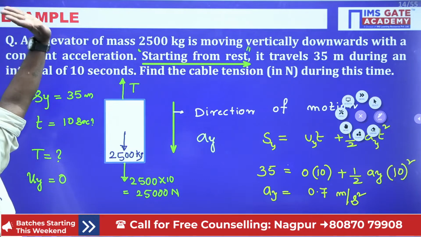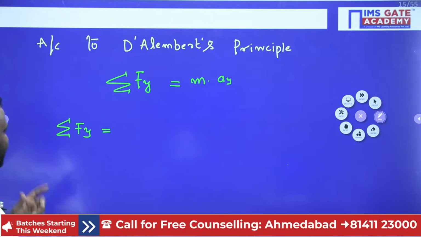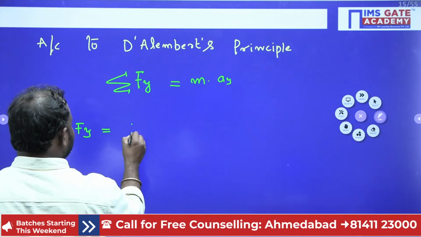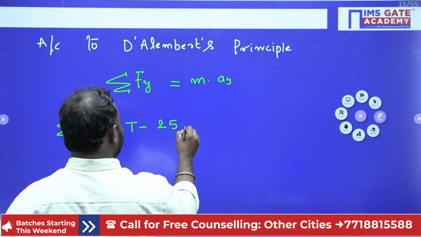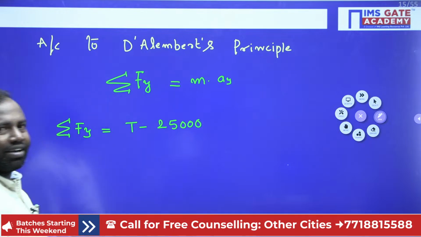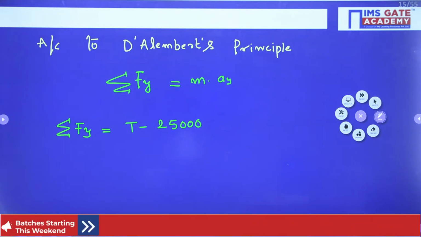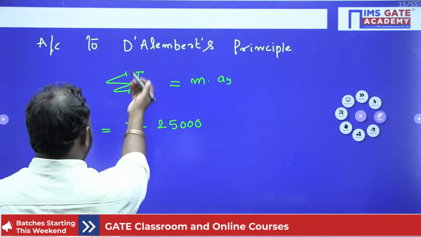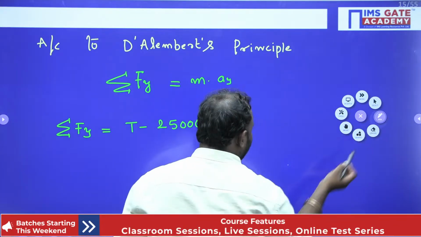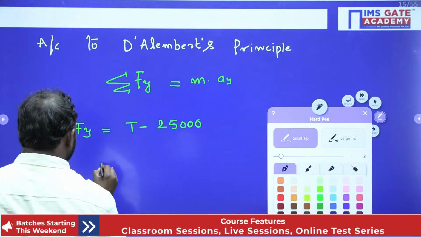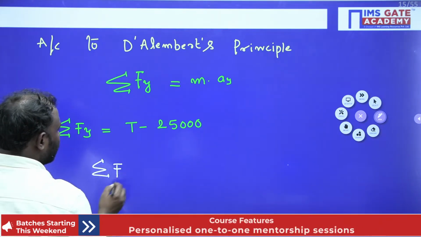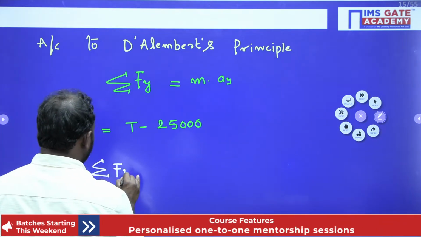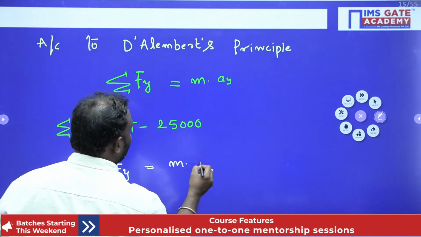Upward force I'll take as positive, downward force as negative. So sigma Fy is T minus 25,000 newtons, equal to m dot ay.